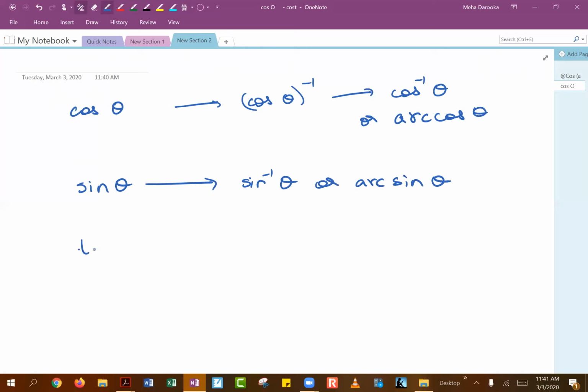And tangent would be arc tangent. They go back and forth using the -1 notation or just calling it arc tangent, and your textbook goes back and forth depending on the example, but they're the same thing.